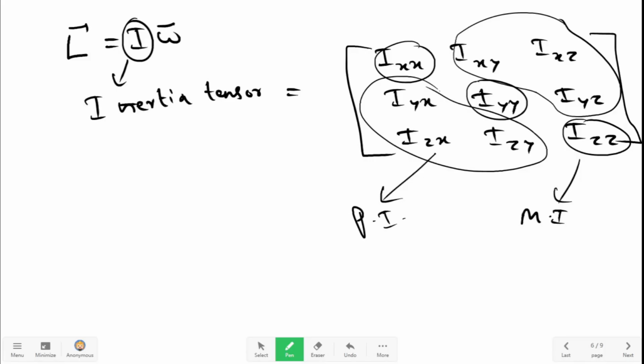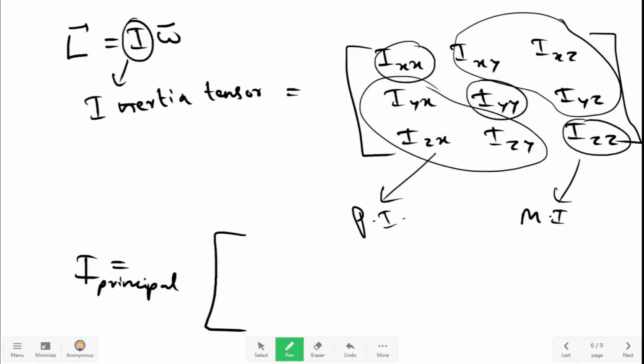Now these products of inertia and moments of inertia represent the resistance or inertia to the rotation of rotating objects. Now if we choose a principal axis coordinate system, then I will be diagonal. I will be equal to I principal. Like in this problem, we have principal moments of inertia.